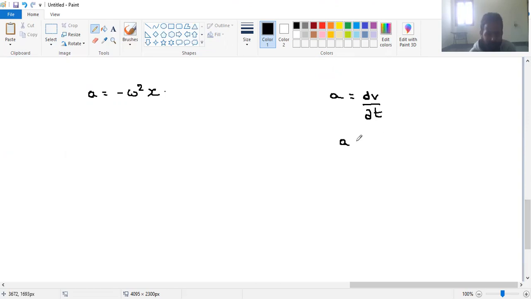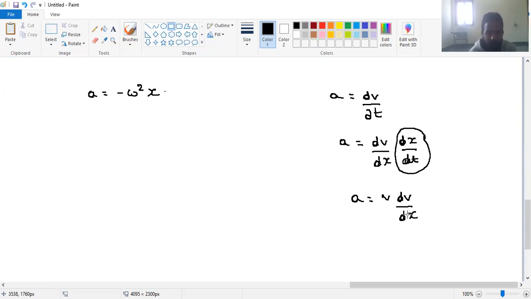So acceleration can also be written as dv by dx into dx by dt, because I am multiplying and dividing by dx, which gets cancelled out, so I am not changing the significance of the equation. What is dx by dt? Dx by dt is nothing but velocity. So acceleration is equal to v into dv by dx.